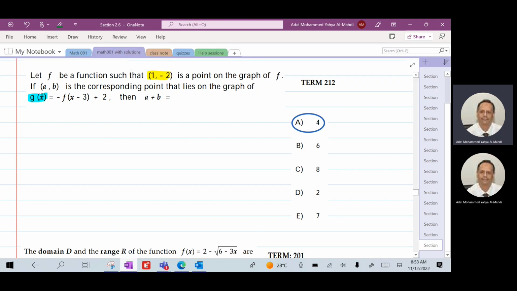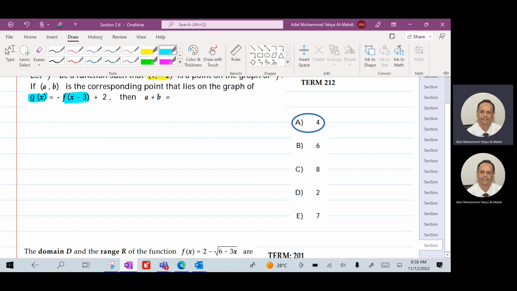This j is another function, but it depends on f. What's the question? The question is to find a point over j. I will give you a point over f, give me a point over j. So this question is so easy.